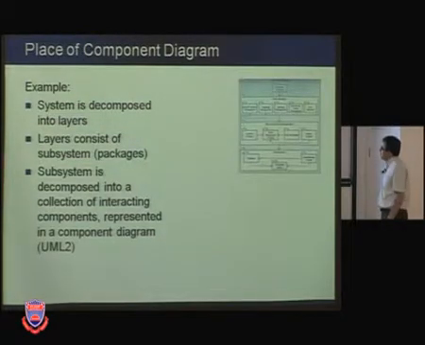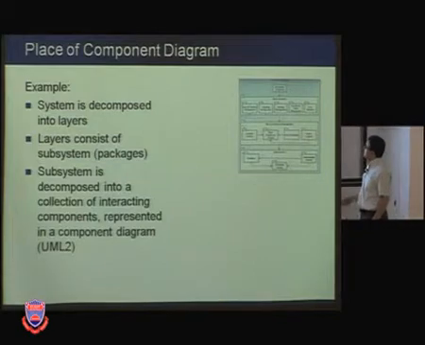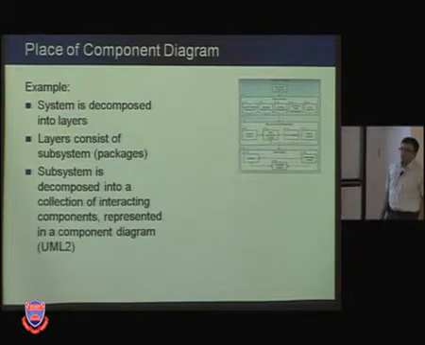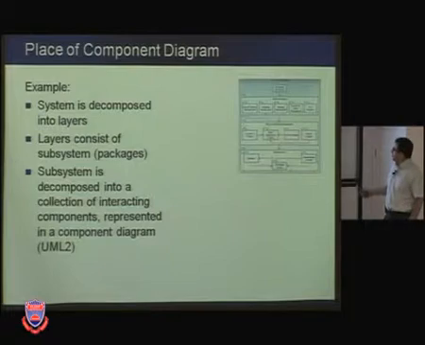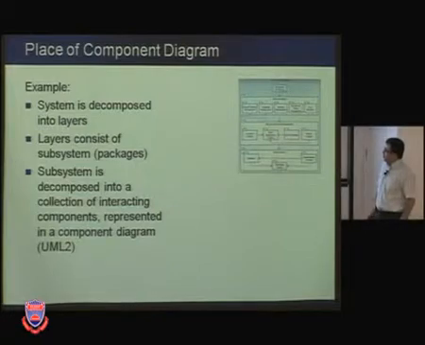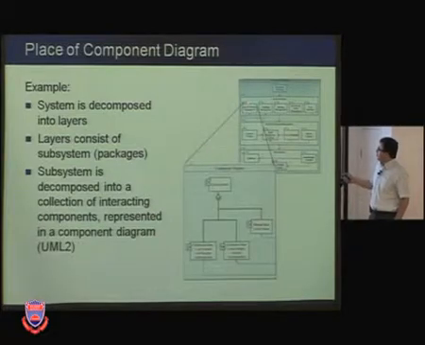Well, where's the place of a component diagram typically? Imagine we could have a layered system. The system is decomposed into layers, and in this case it's represented as packages, package diagrams. A layer consists itself of submodules, and every module, every package, submodule, subpackage can be implemented as a component diagram.